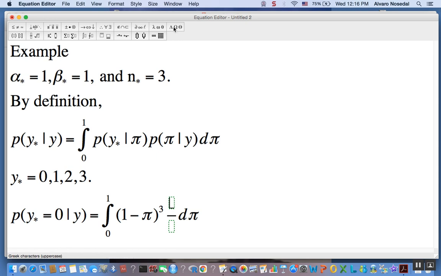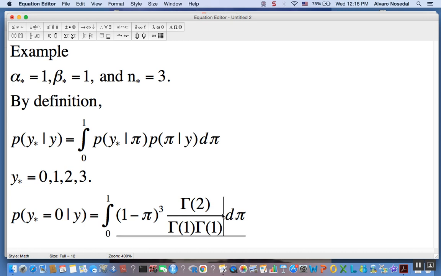We know that it's going to be the gamma function evaluated at alpha star plus beta star, meaning the gamma function evaluated at 2, divided by the gamma function evaluated at 1, times the gamma function evaluated at 1, times pi to the power alpha star minus 1.